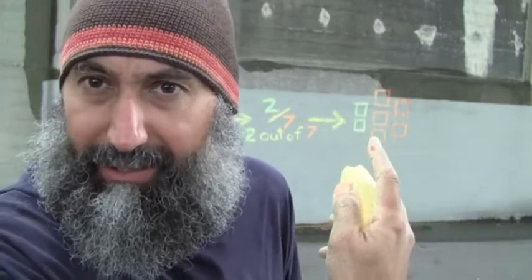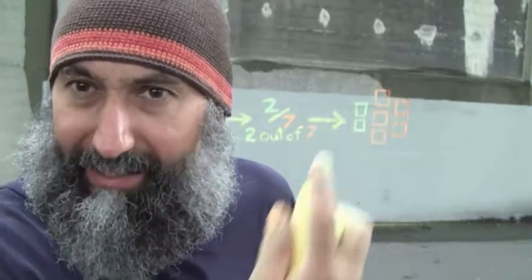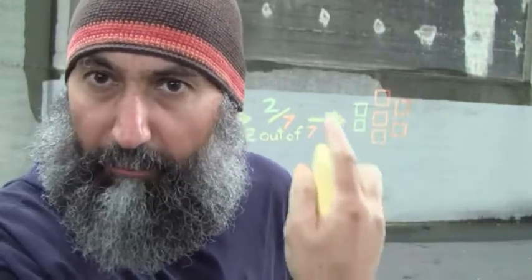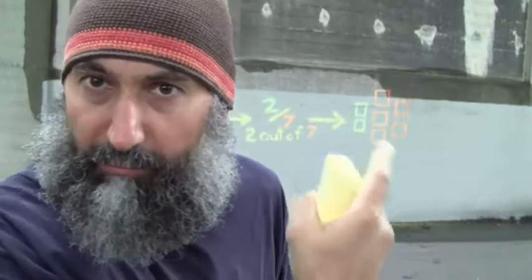Now, I colored the remaining boxes orange, but we're not really defining the remaining boxes as being anything, right? The 7 represents the total number of boxes. I just colored 2 of them green, but we don't know anything about those other boxes other than that they're boxes, right? This 7 down here doesn't mean that there's 7 orange boxes. It means that there's 7 boxes total, right?